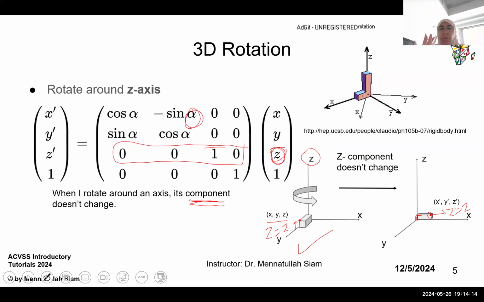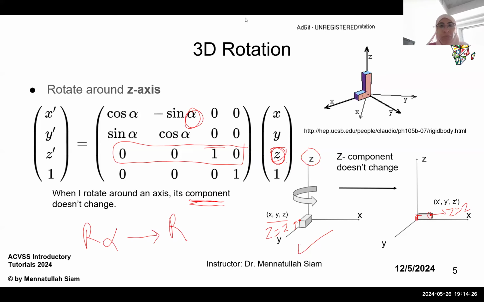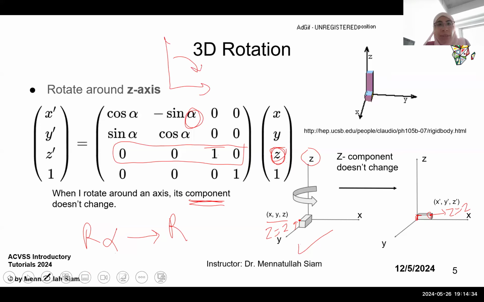What should I do? I'm rotating with angle alpha. The inverse of this is just rotating with angle, as simple as this. What do you think? It's a simple one, don't overthink it. So if I'm rotating with angle alpha, and now I want to do the inverse of that, the inverse will just be rotating with negative alpha, right?